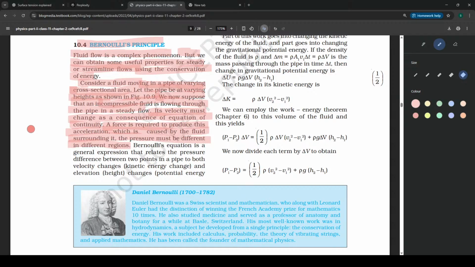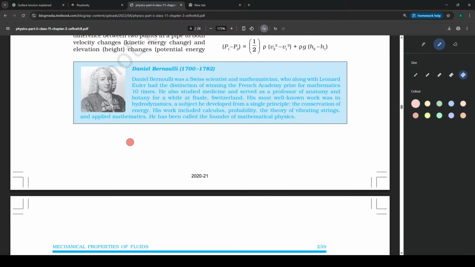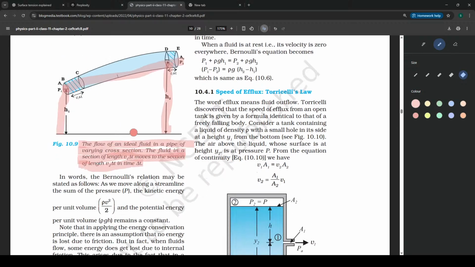That is the reason why there is an acceleration. And basically, if we consider this as a smaller area and this as a larger area, there must be a decrease in velocity at the larger area and an increase in velocity at the smaller area.